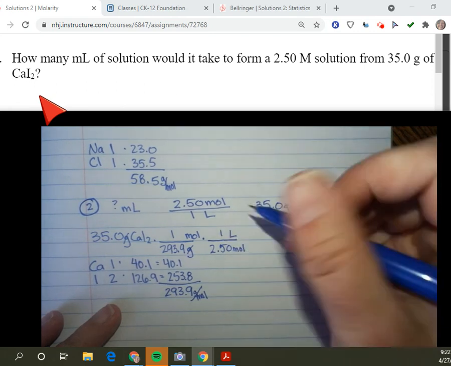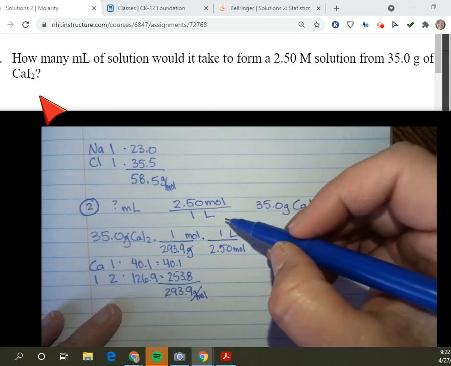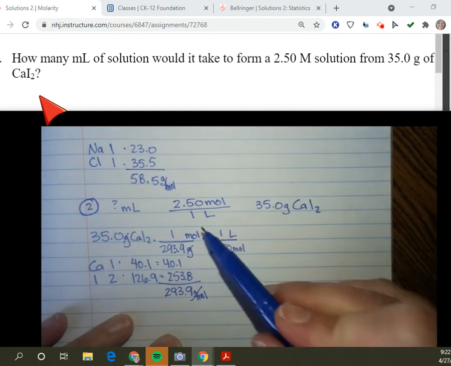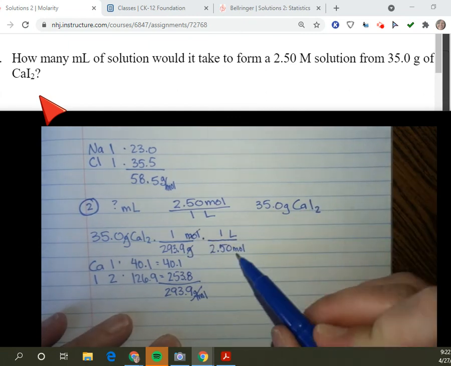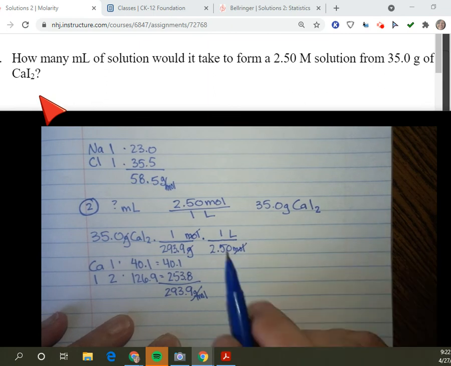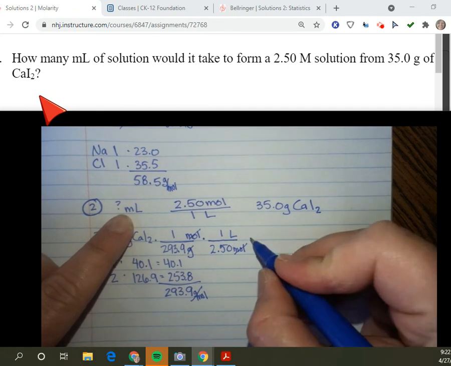Okay. So you have to remember that molarity can be used like this. Otherwise, your problems aren't going to work out. So now we have moles. Moles are going to cancel. We have liters. What is our question asking us for? Milliliters. Okay.